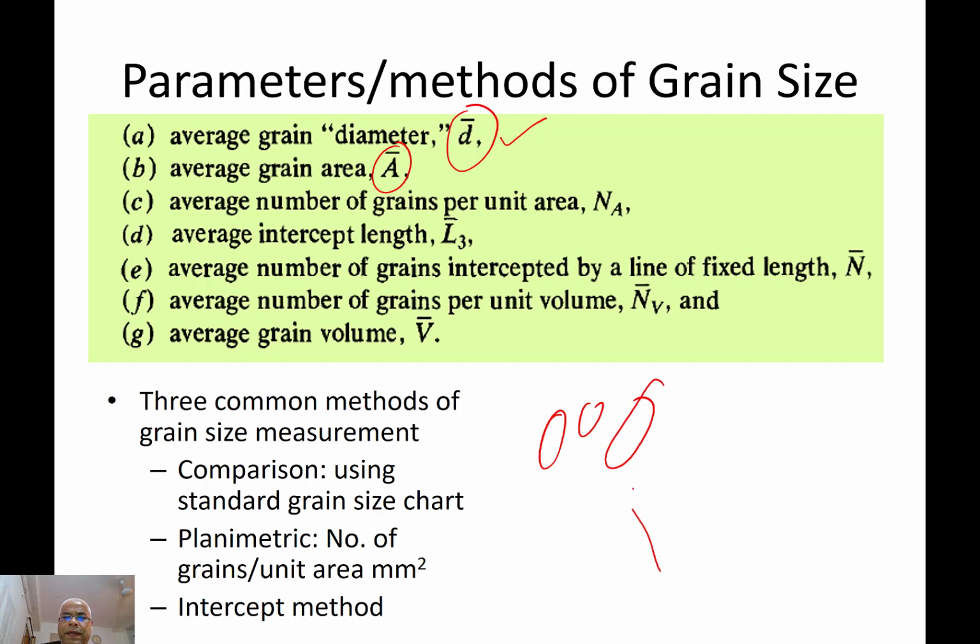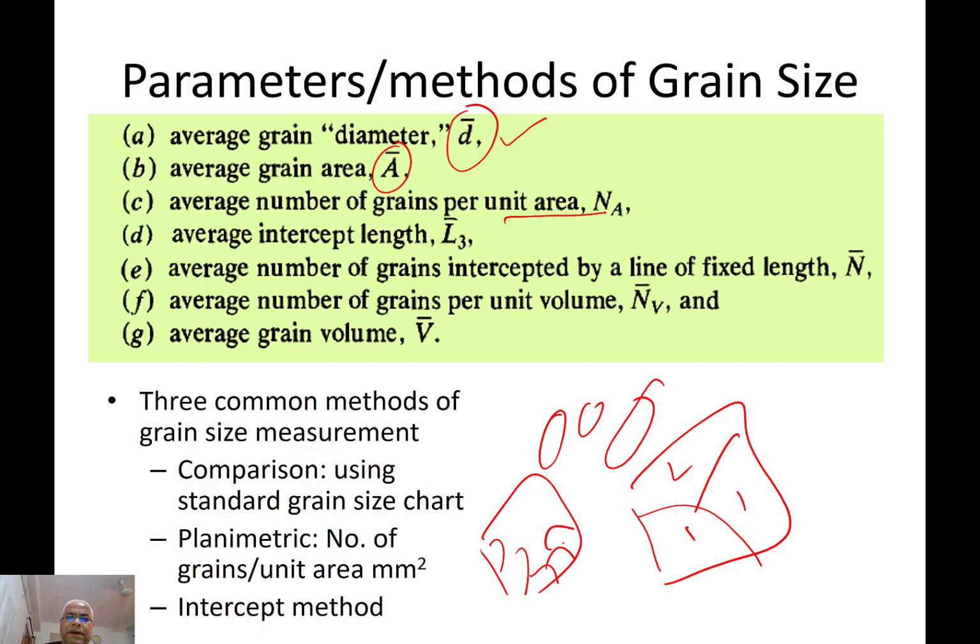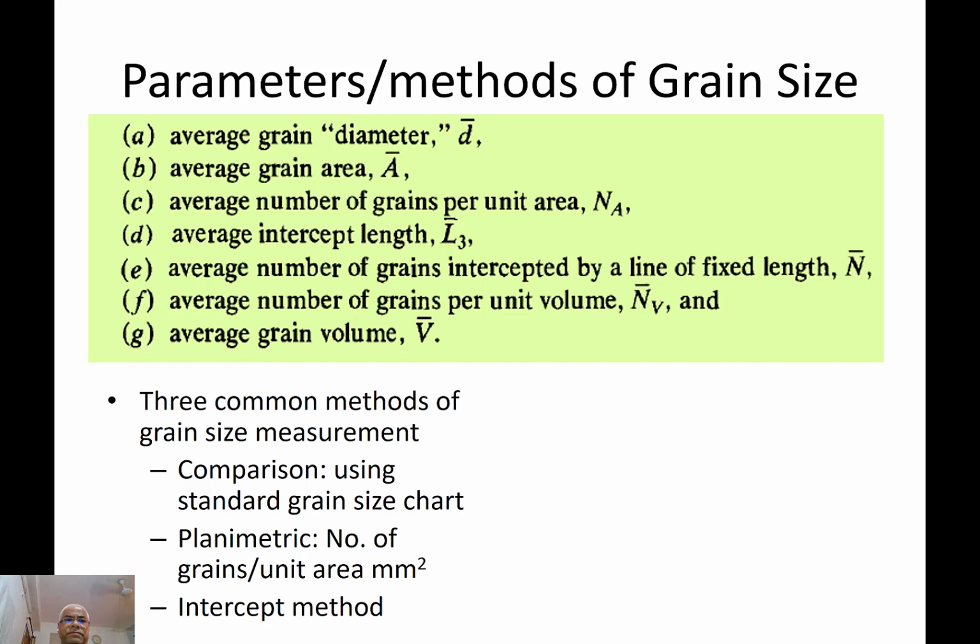Then in a particular area, how many grains are there, that is the number of grains per unit area. Like they are just like this, 1, 2, 3 grains, or there are many hundreds of grains in the same area. So per unit area, how many grains are there, that is another parameter.